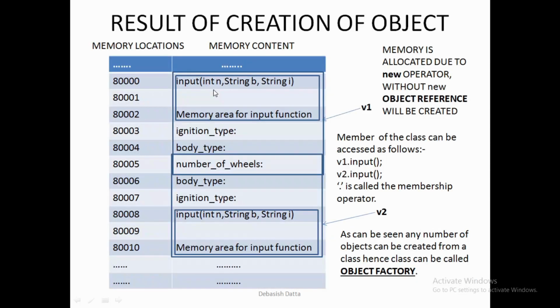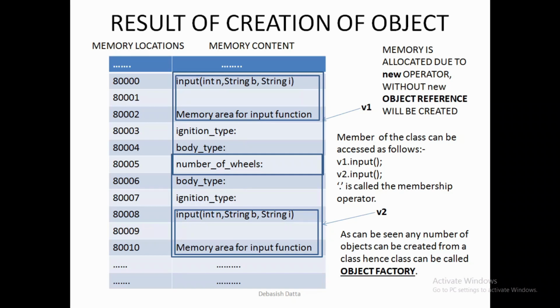So for a static member variable, whenever memory is reserved, that reserved memory will be shared by all the objects. We will come to the static member variable in a later portion of this video tutorial. Now let's concentrate on the object creation.